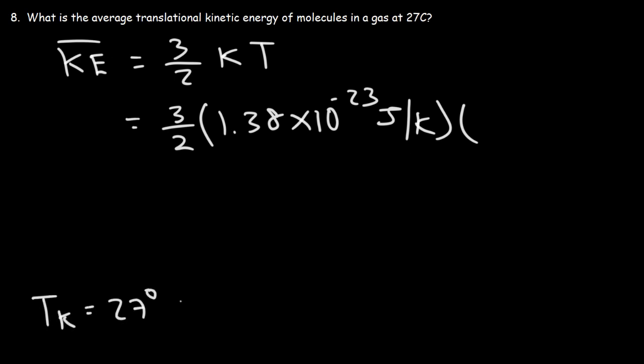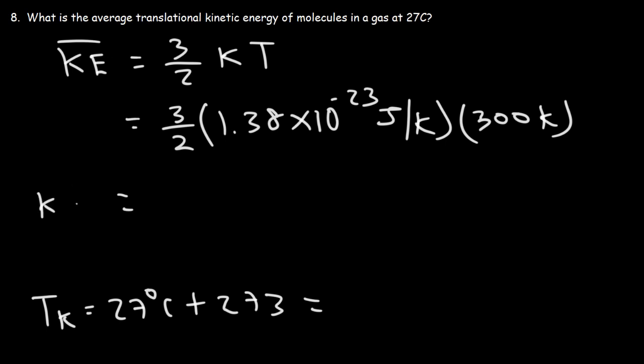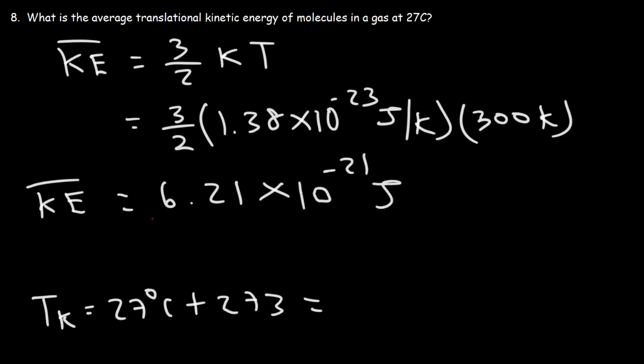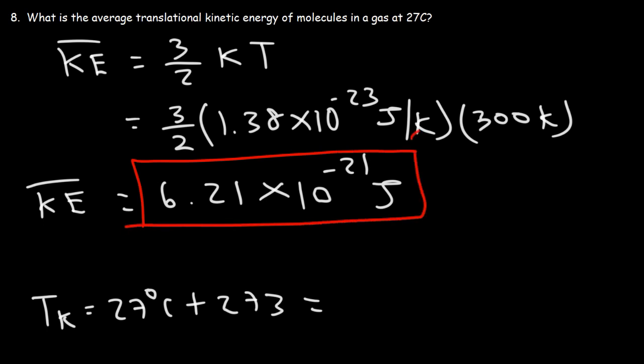So it's 27 degrees Celsius plus 273, which is going to be 300 Kelvin. So it's going to be 3 times 1.38 times 10 to the minus 23 times 300 divided by 2. And so the average translational kinetic energy of the gas molecules at 27 degrees Celsius is 6.21 times 10 to the negative 21 joules. As we can see here, the units Kelvin cancel, giving us the unit joules.